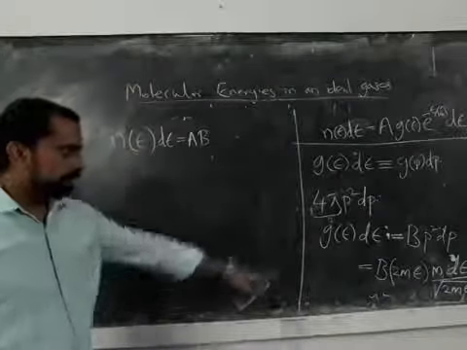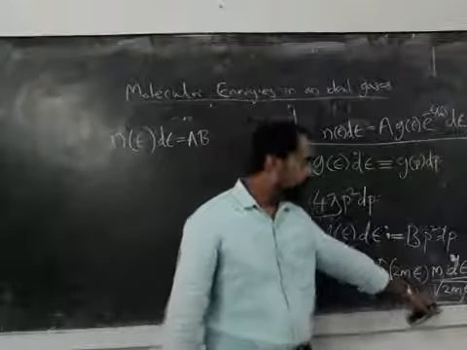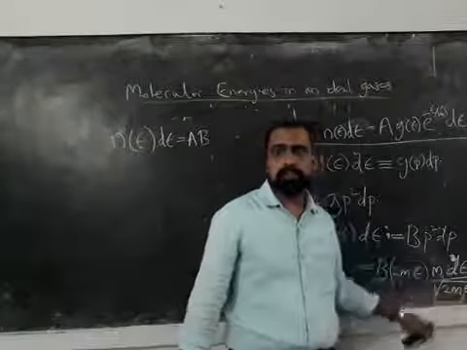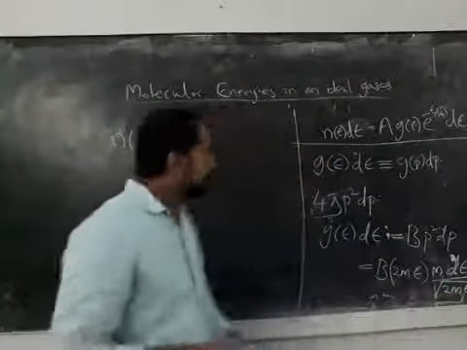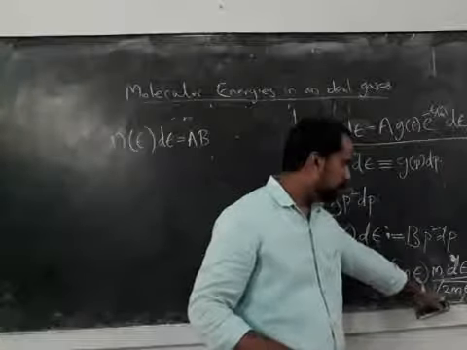Then 2m epsilon is in the numerator and square root of 2m epsilon in the denominator. So you can cancel one, and there is a root 2 here.